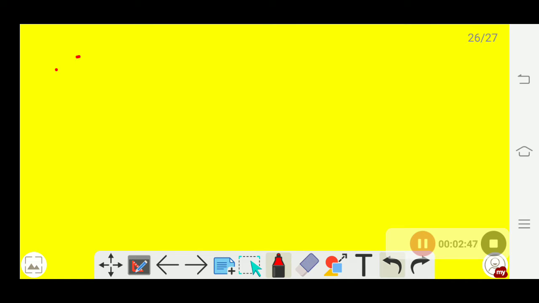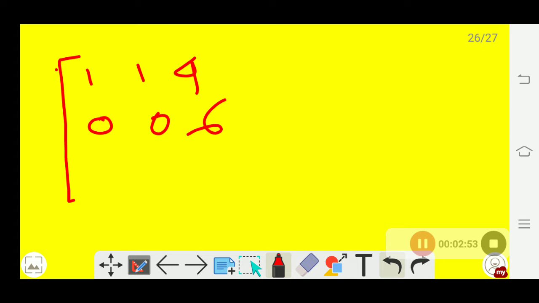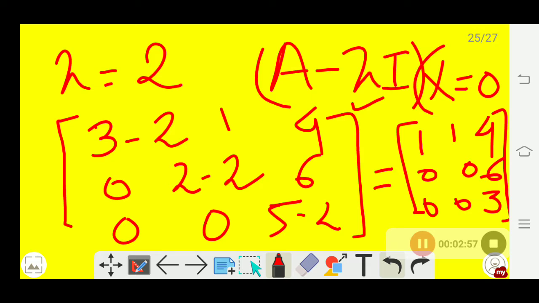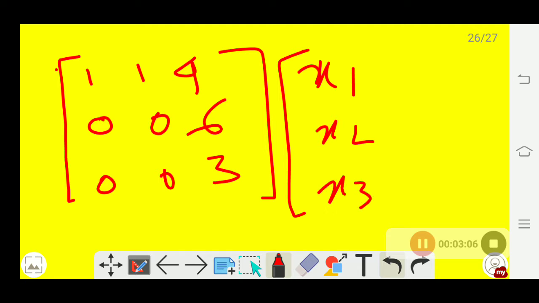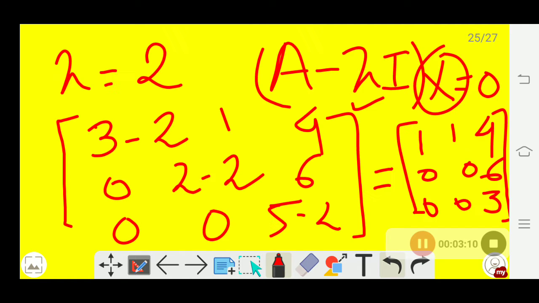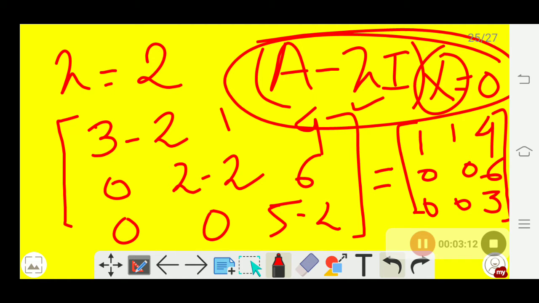So we have now 1, 1, 4, 0, 0, 6, 0, 0, 3, and here is x. As I told in that video, it should be small x1, small x2 and small x3 for a lambda value, and it is equal to 0. We're just framing this equation.